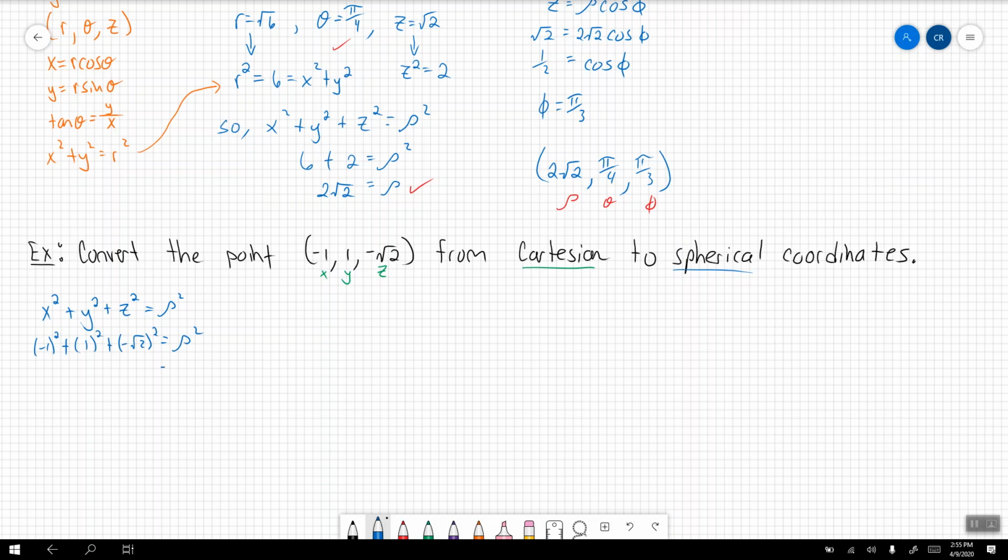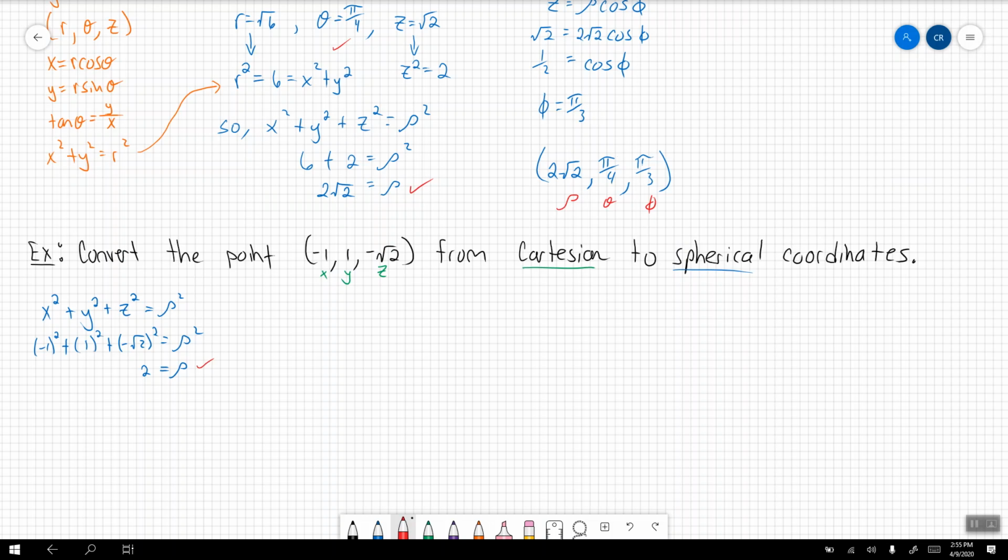So that means rho is going to be 2. Nice. All right. So let's keep working. Now that we found rho, all we need to find is phi and theta. Let's see if we can extract phi and theta.